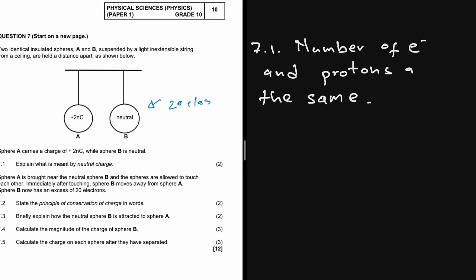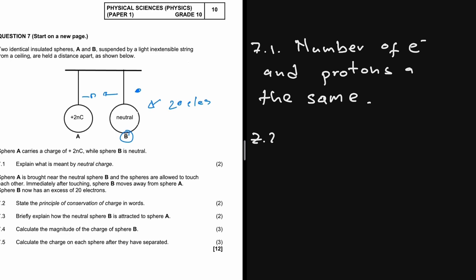We know that when they come together, there's going to be a transfer of electrons. The electrons were balanced with protons, so the excess was 0. Now electrons were transferred, and at the end, sphere B will have an excess of 20 electrons. That's what the question says.